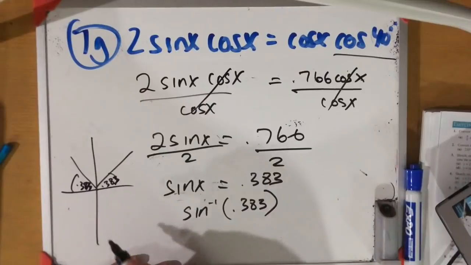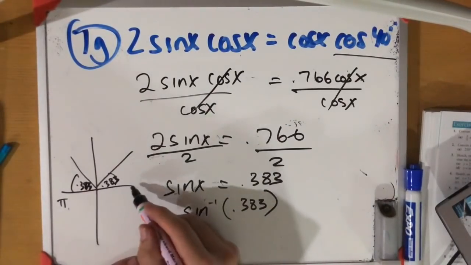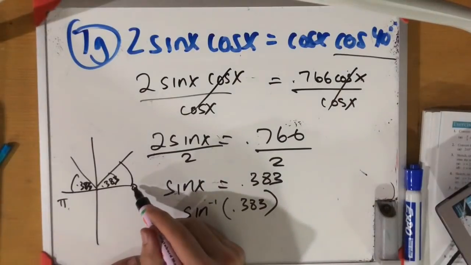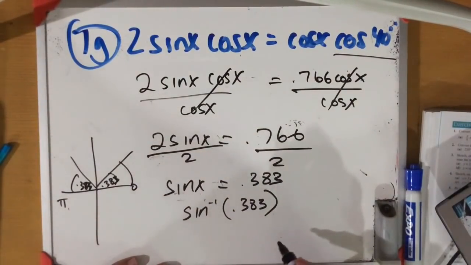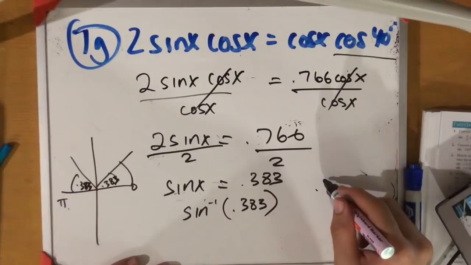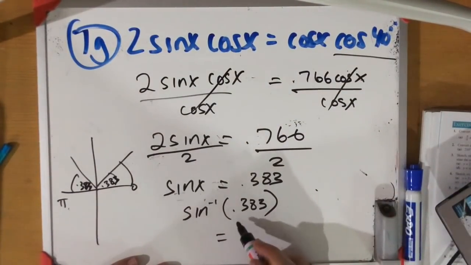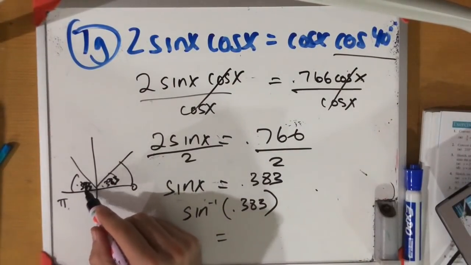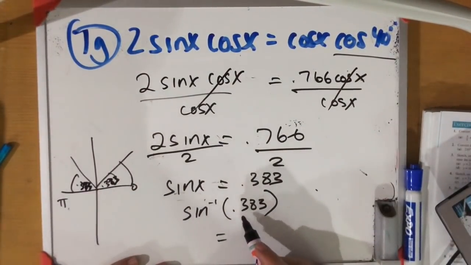So again, we're actually starting off at 0 here. 0 plus 0.383, when I put this in my calculator, I get 0.393.